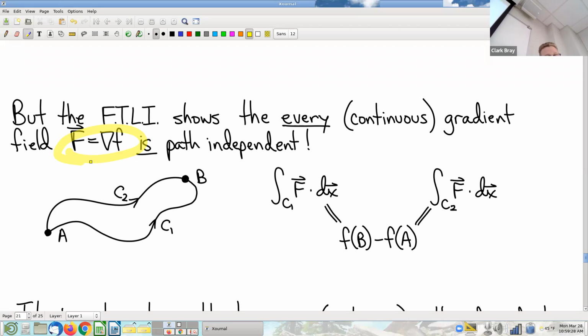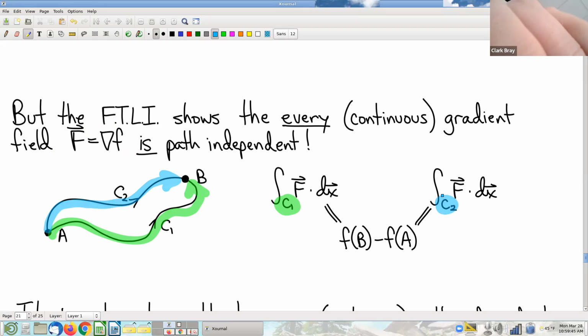Now, how do I know that gradients are path independent? Well, let's play the game. If I have on the one hand, this path there from A to B, and then on the other hand, I have this path here, C2 from A to B. How would I compute the line integral along C1?